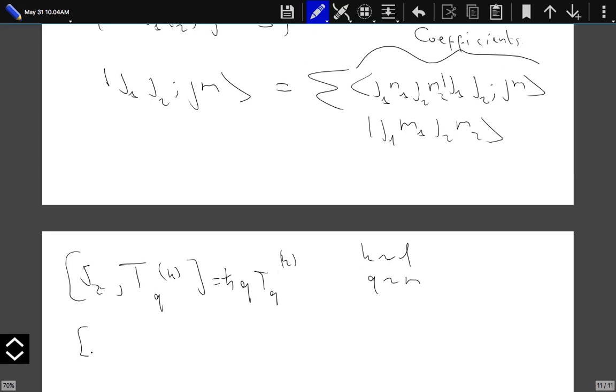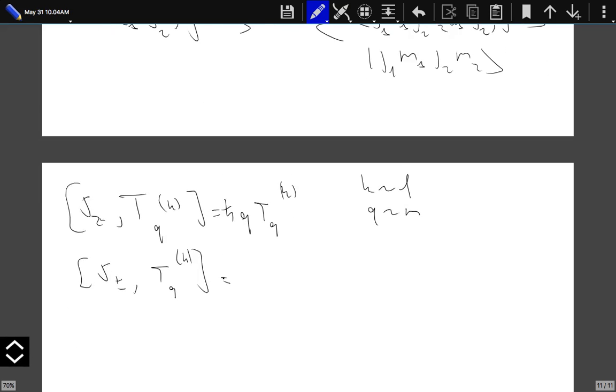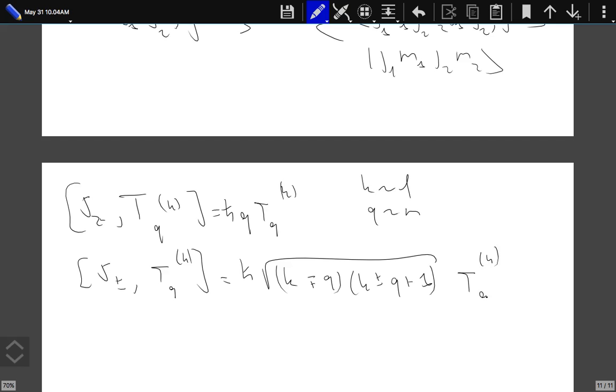And if I take the commutator of them with J±, the commutator is just like the action on the kets, and the action of J± on the kets will be ħ times the square root of (k ∓ q)(k ± q + 1) T^k_{q±1}. These are what are defined as the tensor operators. Now you see, I'm just using the analogy between the kets and some kind of operators.